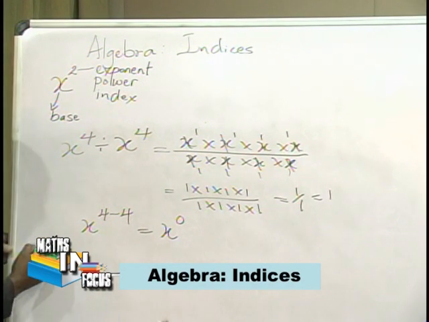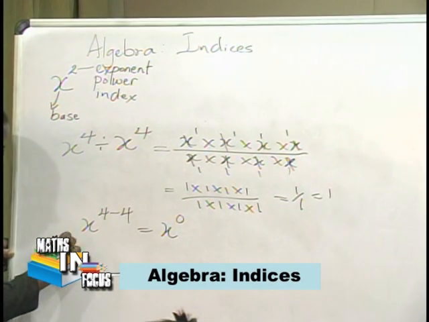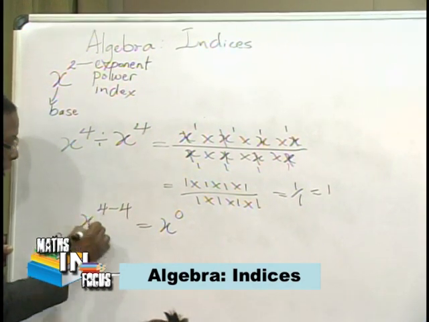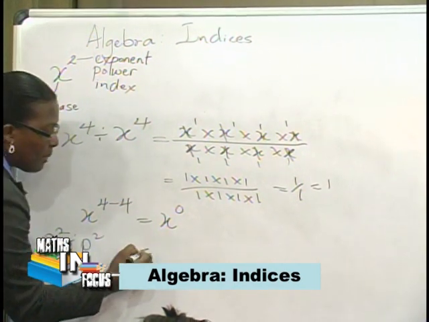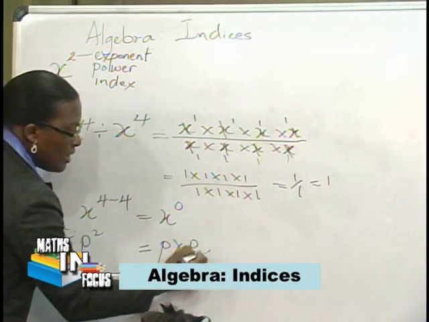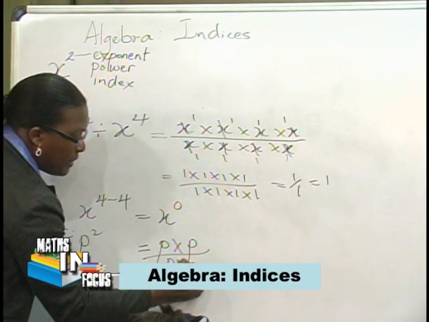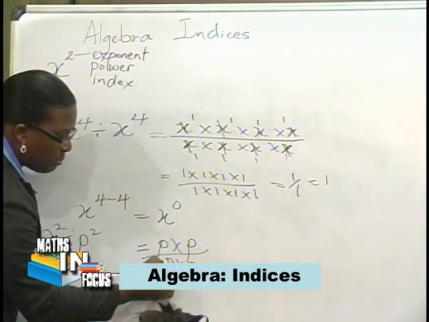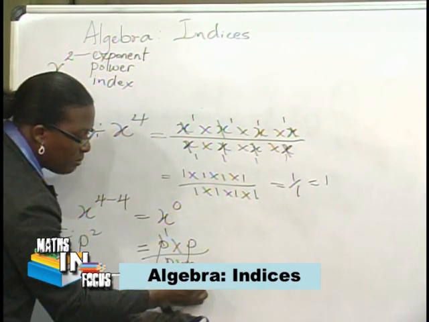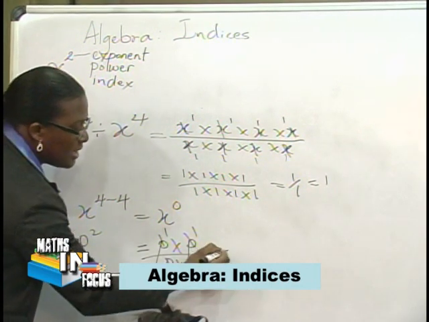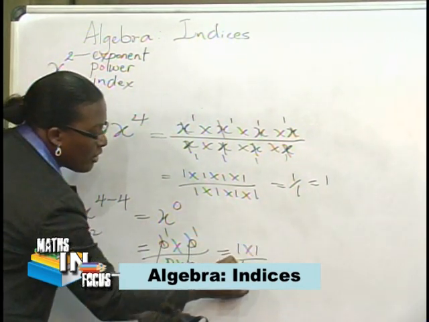Now let's try another set. Let us say we have p squared divided by p squared. If we expand that again, we're going to have p by p over p by p. P into p is 1, p into p is 1. So we have 1 by 1 over 1 by 1.